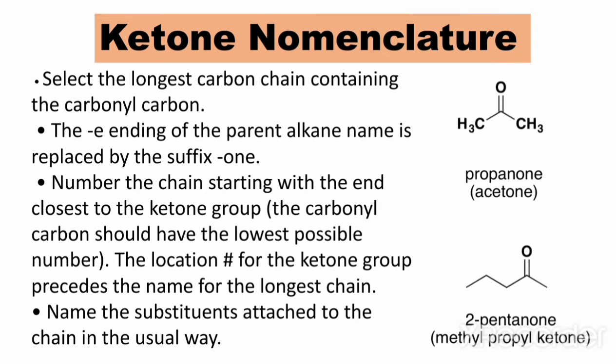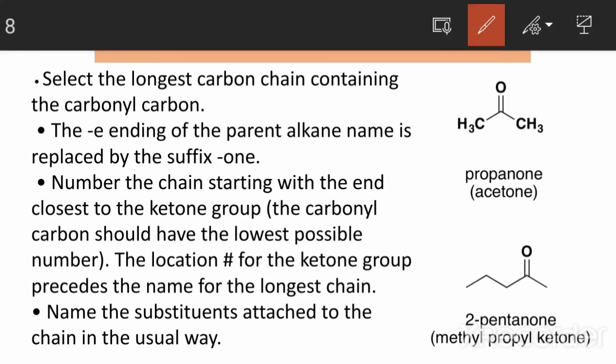The other name is methyl propyl ketone. Why do we name it methyl propyl ketone? Because this is the ketone carbon in which one side has a methyl group and the other side has a propyl group, so we also name it methyl propyl ketone.